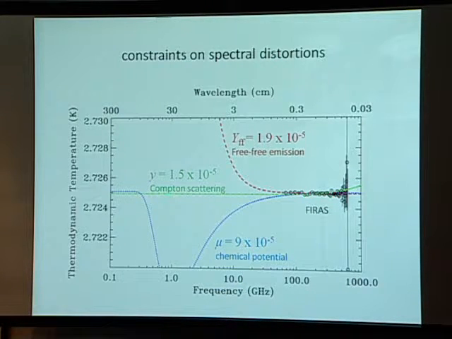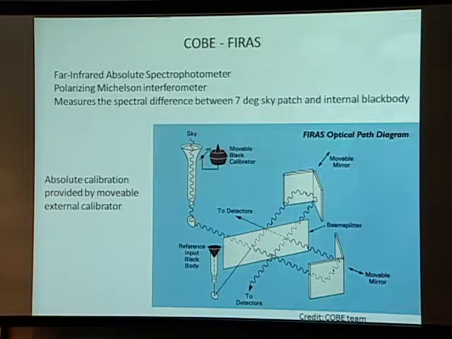It's also the best constraint on Compton y distortions. So I'll say a few things about FIRAS. I think this is one of the most important spectral distortion experiments we have, and I think it points the way to what we might think about in the future.